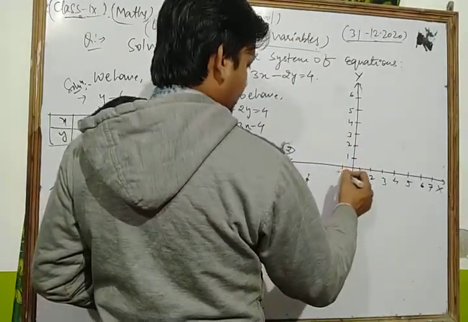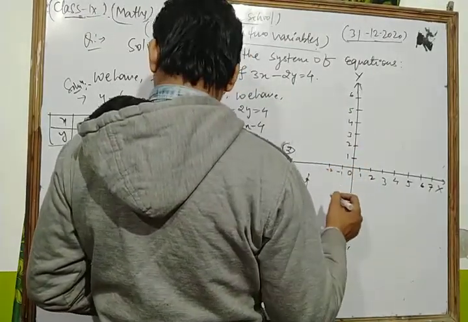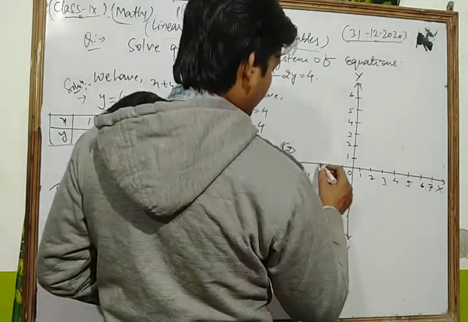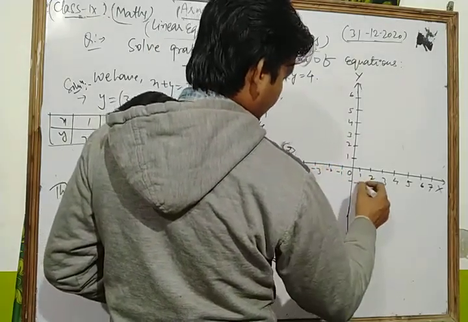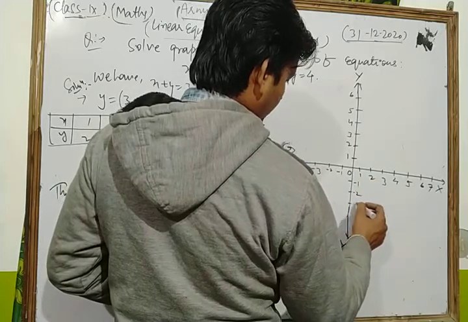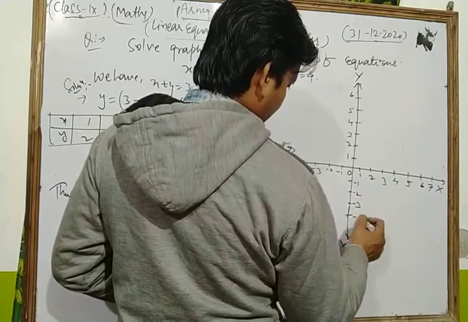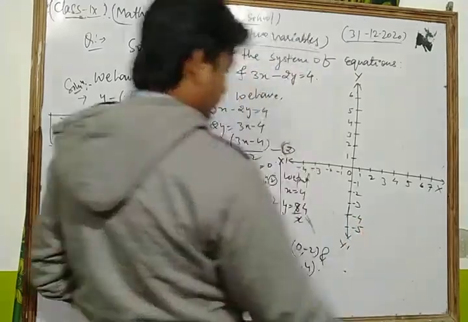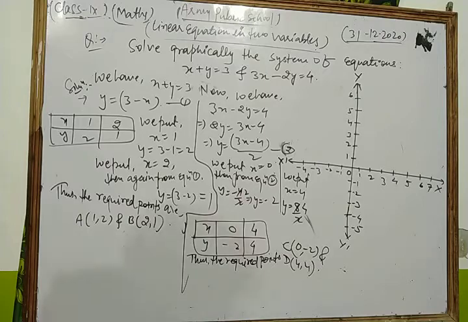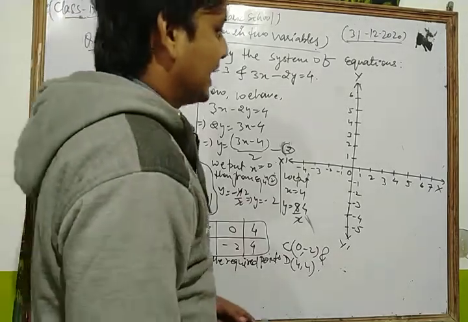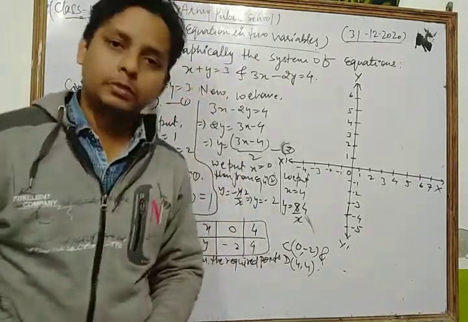Now minus 1, minus 2, minus 3, minus 4 and minus 5. Now we draw two mutually perpendicular lines as x-axis and y-axis respectively.